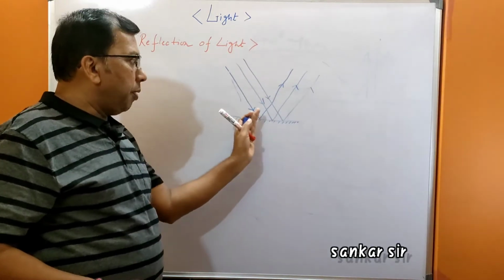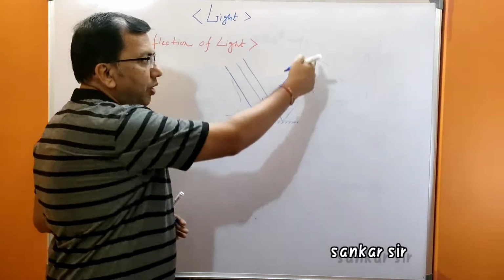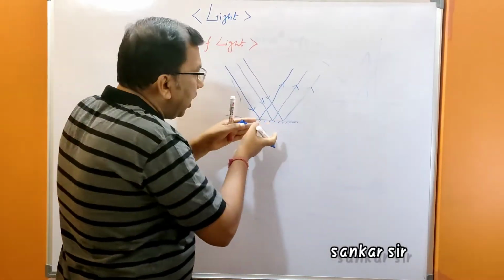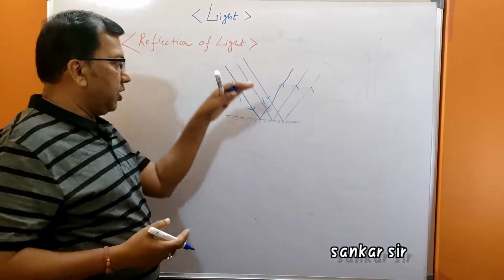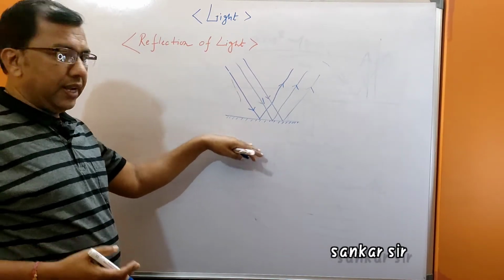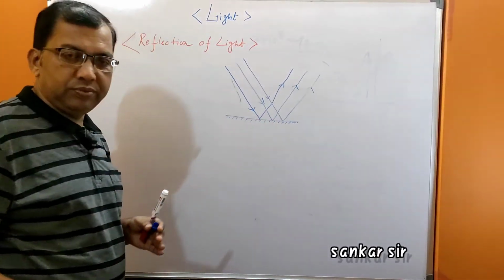It maintains a regular pattern. Coming in parallel and returning parallelly, this type of reflection is known as regular reflection. And obviously the surface is a smooth surface.